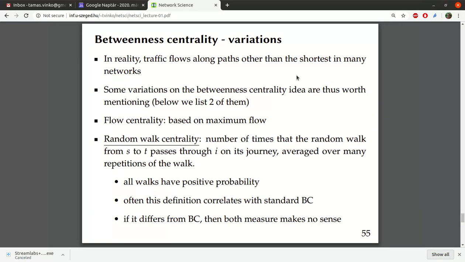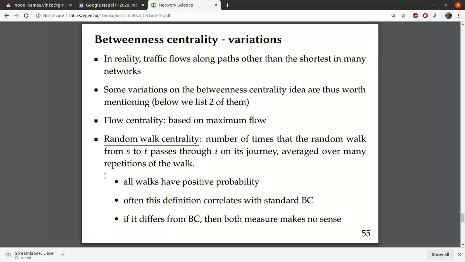So we have two other versions of betweenness centrality. One is called flow centrality, or flow betweenness, which is based on maximum flow. So what is taken into consideration here is the maximum flow between the nodes. If you are interested in this, please have a look in the scientific literature.